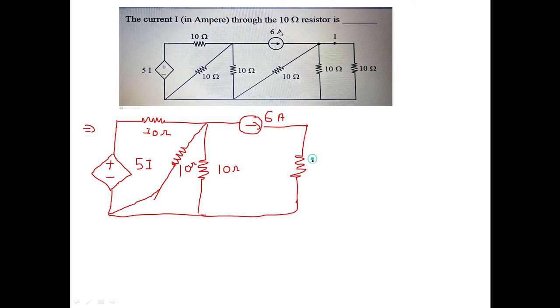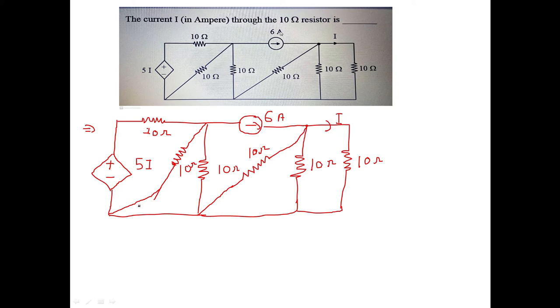This point is connected to another 10 ohm resistor in parallel, and then there is another 10 ohm resistor in parallel with the one shown above, and this is current I.